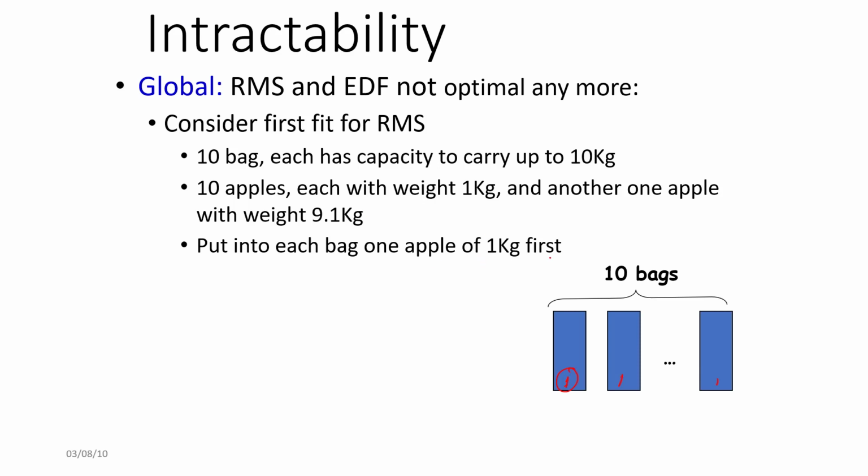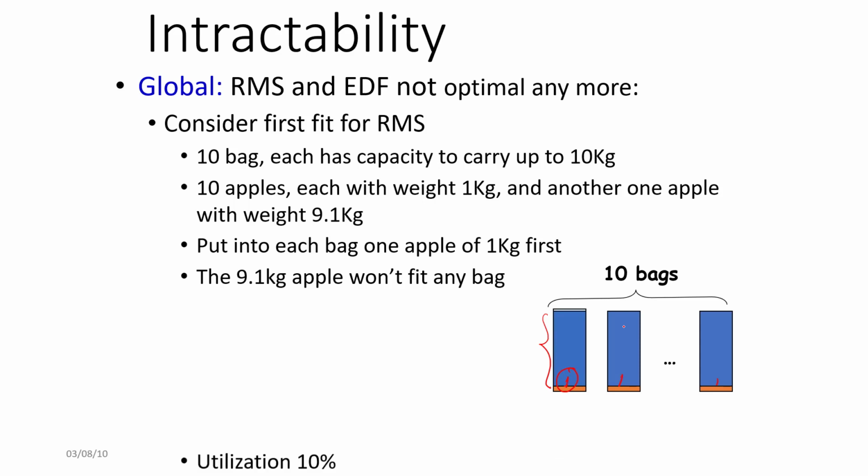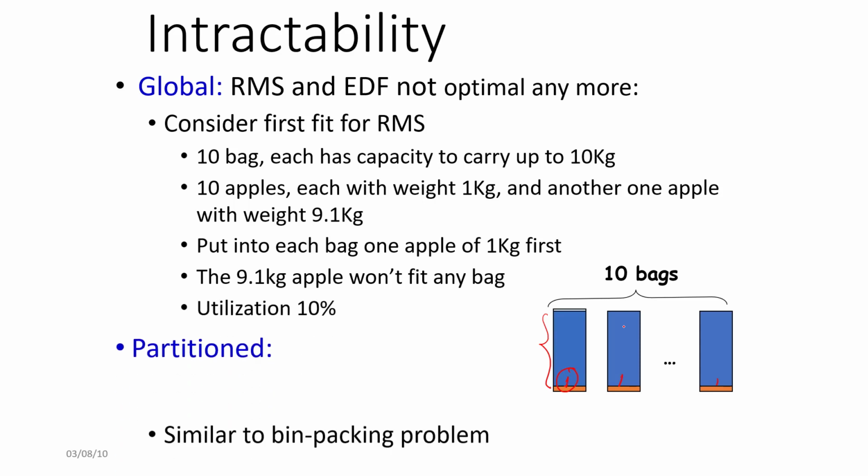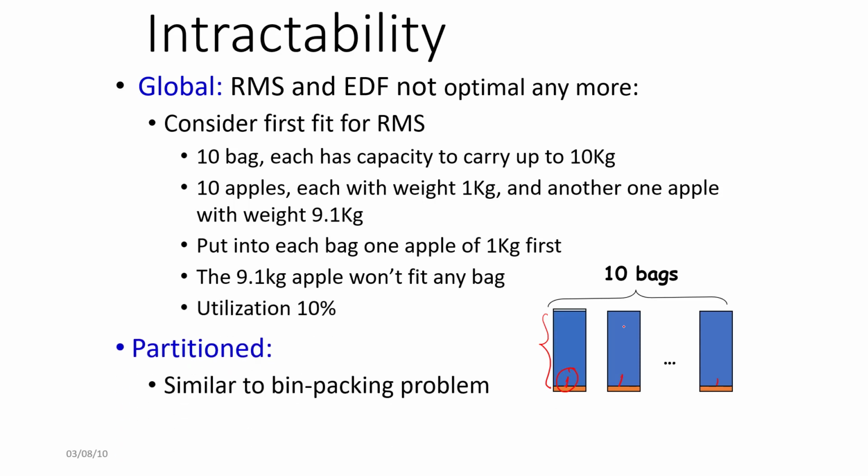What we can instead do is that we just need two bags in the sense we put all the 1 kg apples in one bag and then we put the single 9.1 kg apple in the other bag, right? Otherwise the 9.1 will not fit and so the utilization in this case will be low.